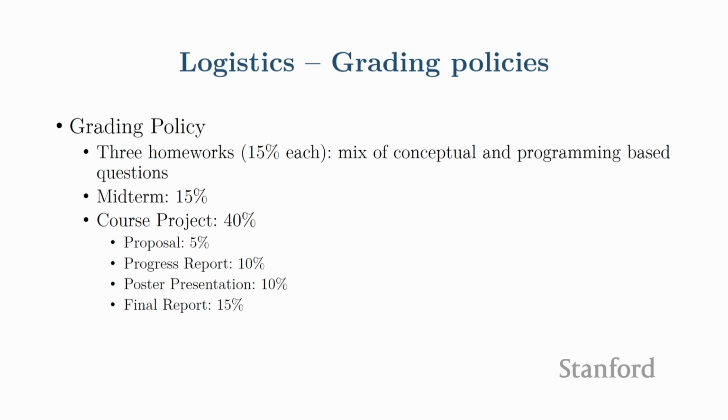We're going to have a midterm. It's going to be an in-class, in-person midterm. And the big component of the class is going to be a project. We think there is so much to do in this space that it makes sense for you to really explore. It's going to account for 40% of the grade, so it's a pretty significant component. And there's a bunch of milestones.